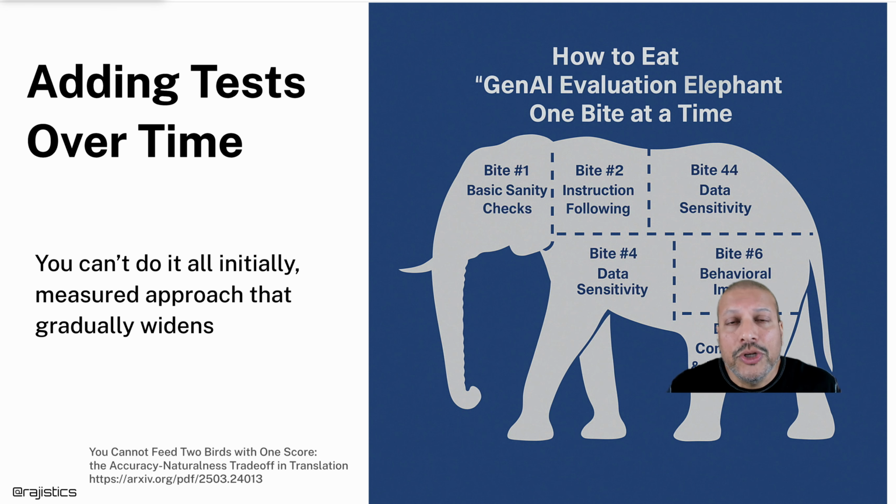Over time, you'll continue to add tests as you notice, oh, we really need to focus on this point. And so your initial app might just have a handful of tests, but 6 months later, if this app is useful and you've kept building on it, you might have 80, 90, 100 tests for that same application as well. So that's the normal flow. Don't try to do too much all at once.